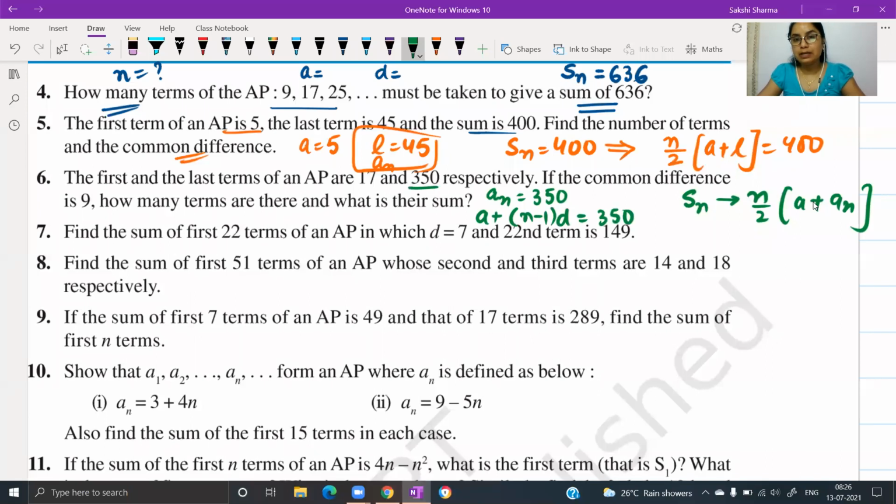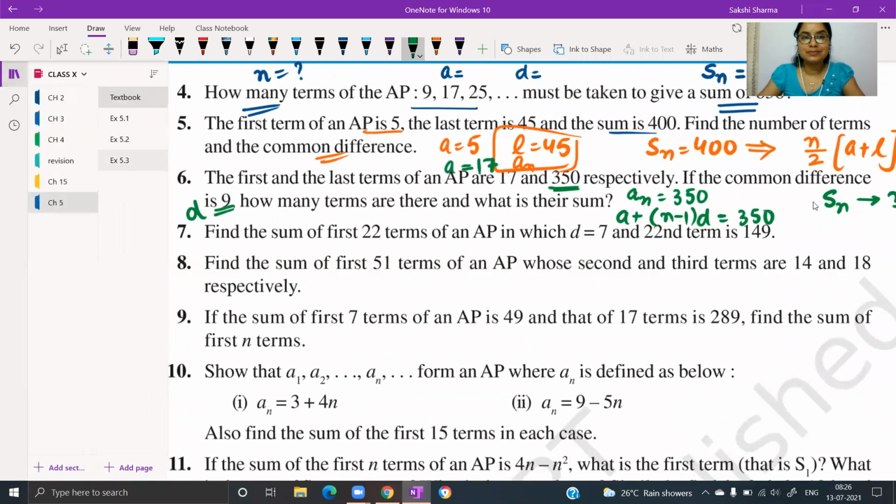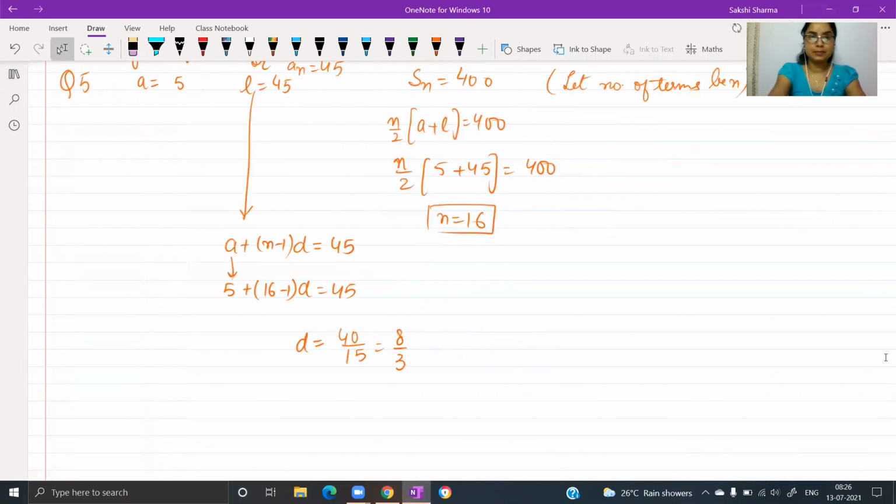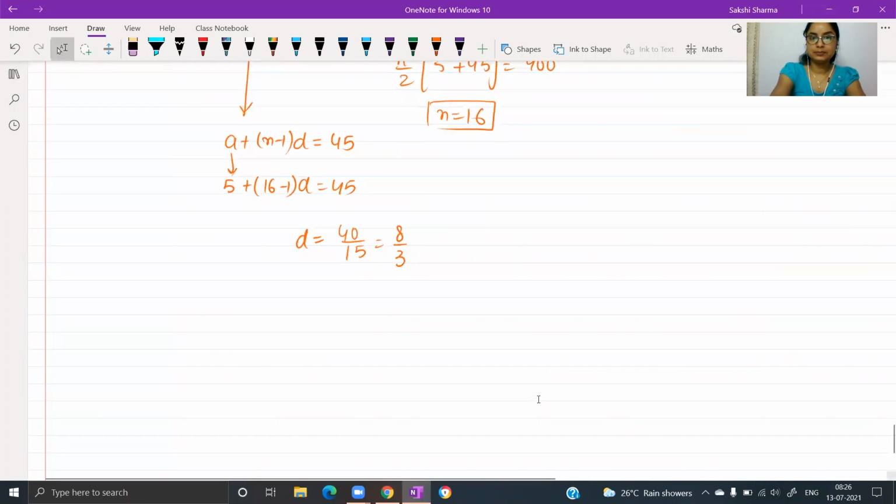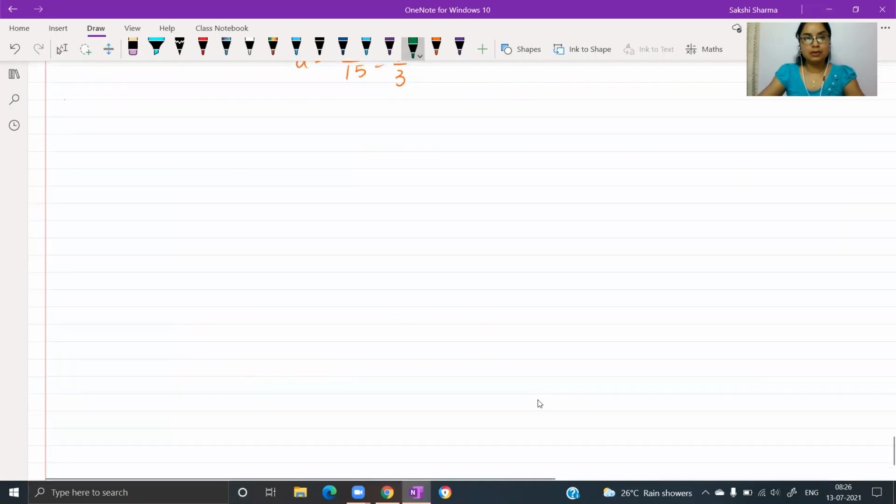An का फॉर्मूला apply करोगे आप, A की value आपके पास है 17, D की value आपके पास है 9. Use the values here, find out n, and then use this formula to find out the sum of n terms. Question number 6. The first term is 17.